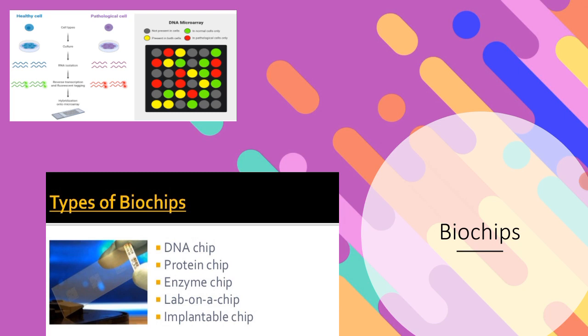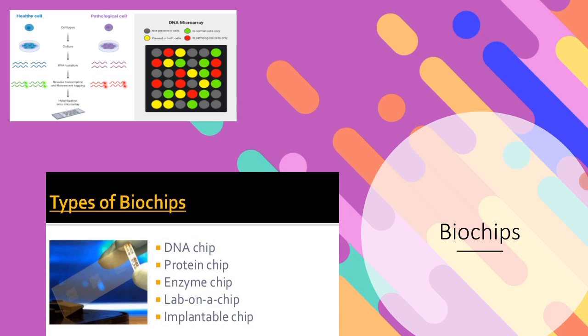Now blue color is the healthy cell and the purple color is the pathological cell. If the pathological cells are present, they will produce signals. Those signals will be detected by the detector or the reader.